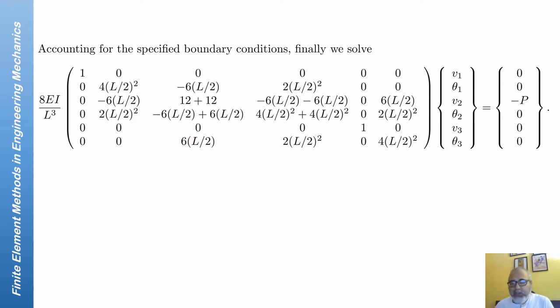Now let us imagine that we have solved this system, applied boundary conditions on the left and right, and solved this. So we have the solutions to all these degrees of freedom, with V1 and V3 coming out to be equal to 0 because these are identities, and the rest of the degrees of freedom I know. Now I can go ahead and find the shear forces and bending moments.